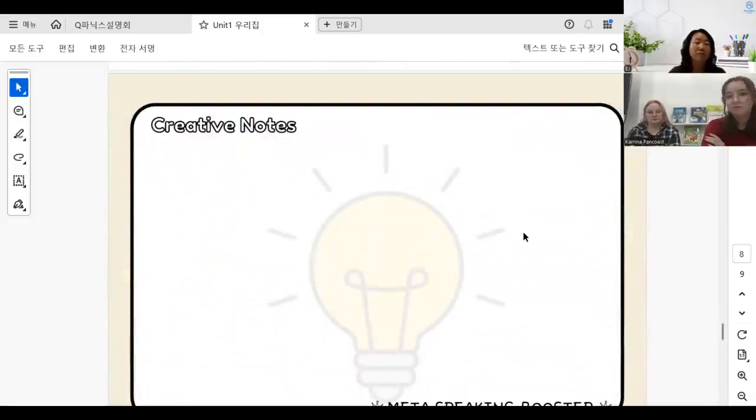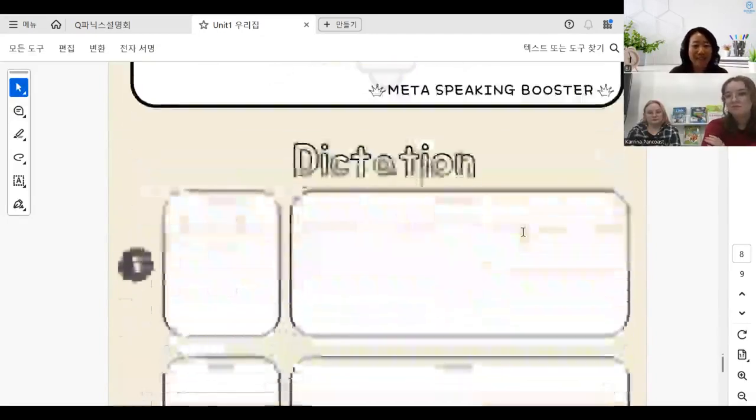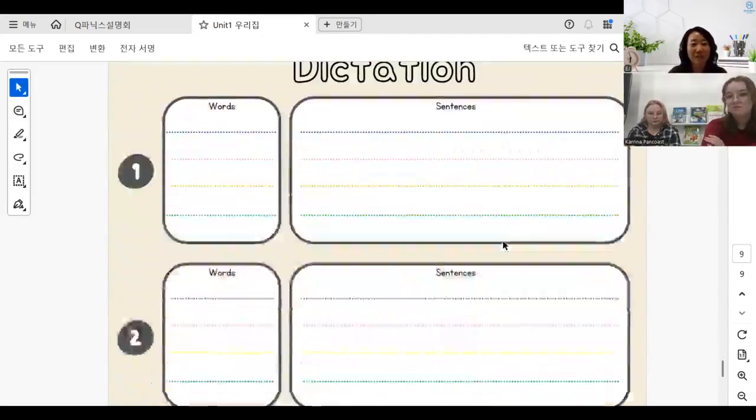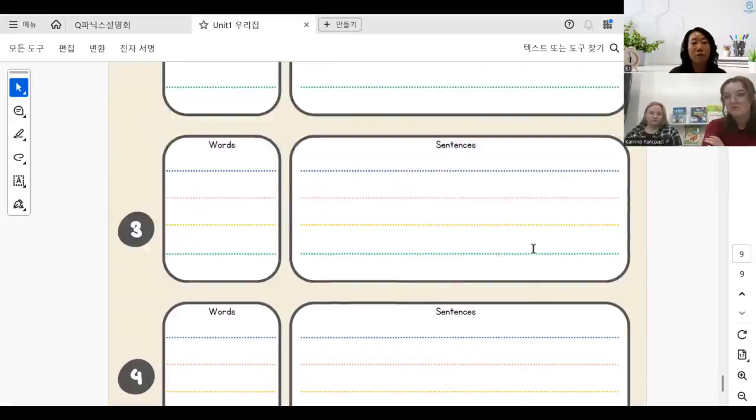And this is just notes, but cute notes. And dictation. We have four vocabulary words and four sentences, so you can use this paper for that when you have module 1, the image to sentence part.